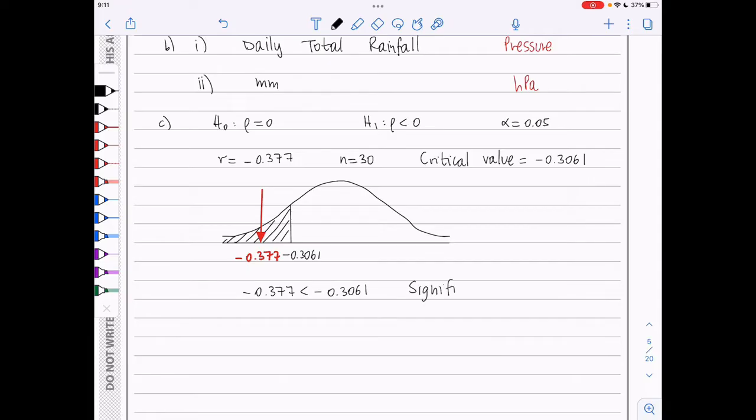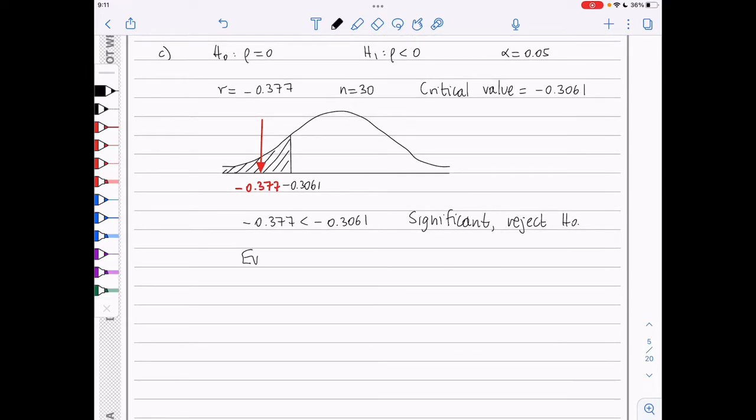We reject the H naught, and we need a conclusion in context. So we say evidence of a negative correlation between sunshine and humidity.